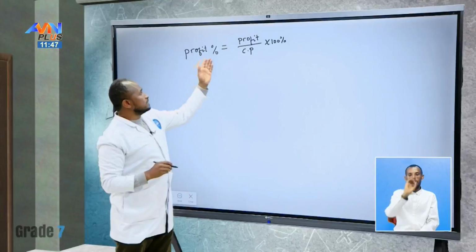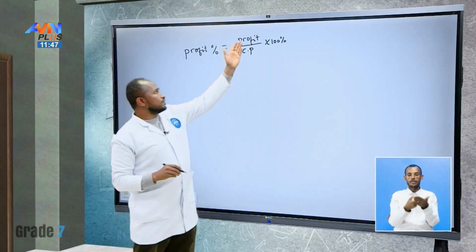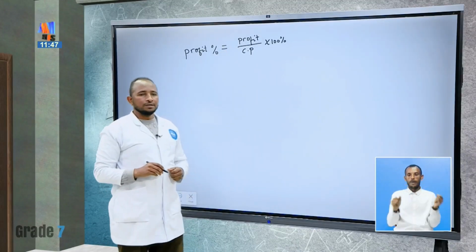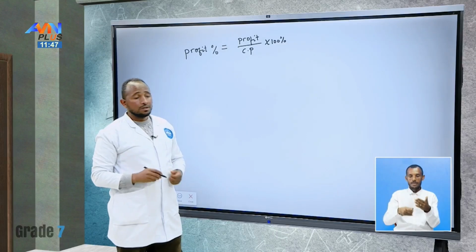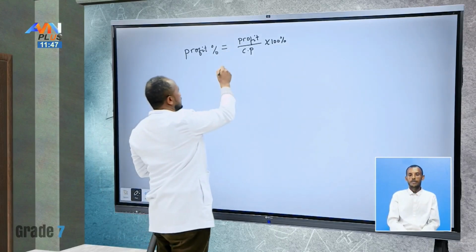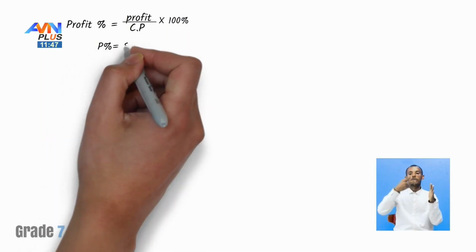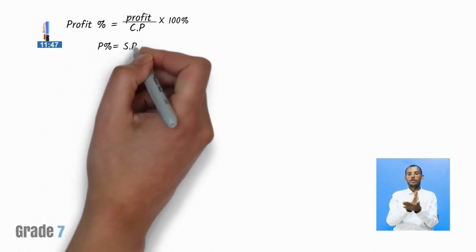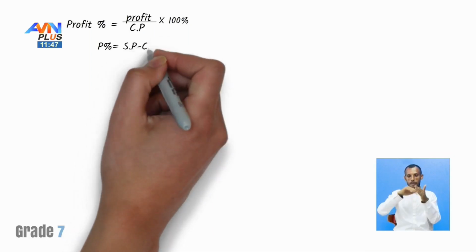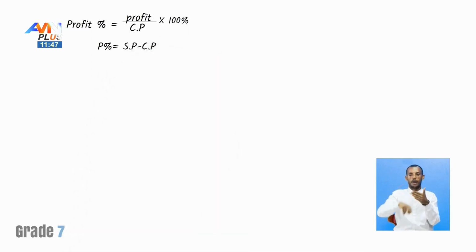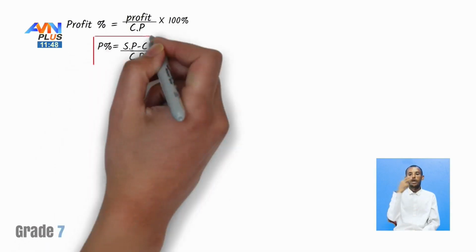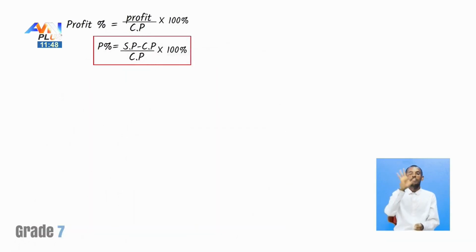Therefore, profit percent is given by profit divided by cost price times 100%. In other words, we can rewrite this as selling price minus cost price, divided by cost price, times 100%. So this will be the formula we use to calculate the profit percent.